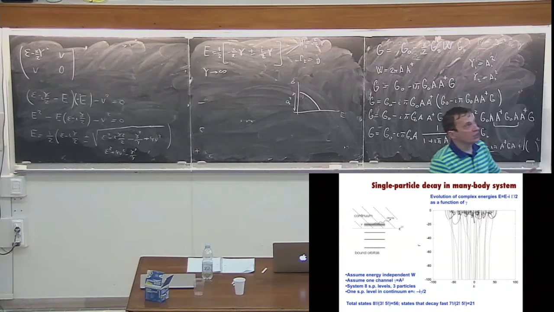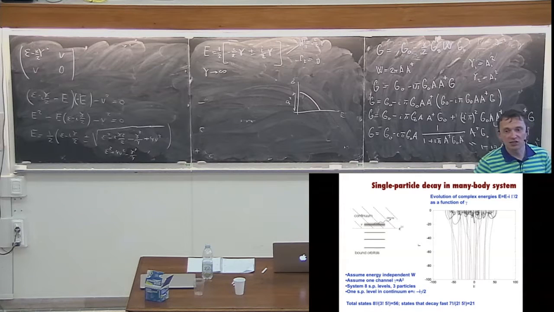And the question is, what is the decay of that state? So these are all of the energies of the states in the complex plane and how they evolve. What you can see is that some of the states go down quickly, and some of the states come back to the real axis. This effect is related to the factorized form of the W matrix: there is a separation of states into the ones that become very broad and the ones that become very narrow.